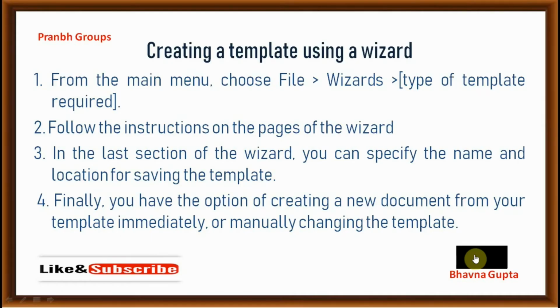This process is slightly different for each type of template, but the format is very similar. In the last section of the Wizard, you can specify the name and the location for saving the template. This is the second method, using a Wizard.